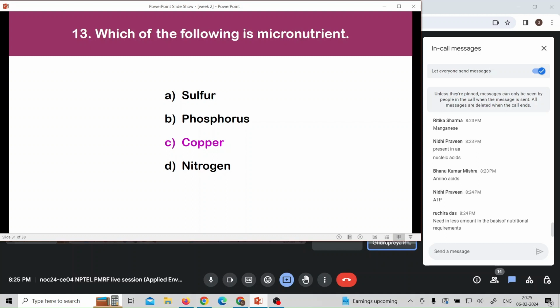Nitrogen, yeah, amino acids. Without nitrogen, there are no amino acids because the amine group is the heart of amino acids, right? Accepted. Sulfur, yeah, you have cysteine, right? Okay, Nidhi, Praveen, we will wait for others also to think and let us know.